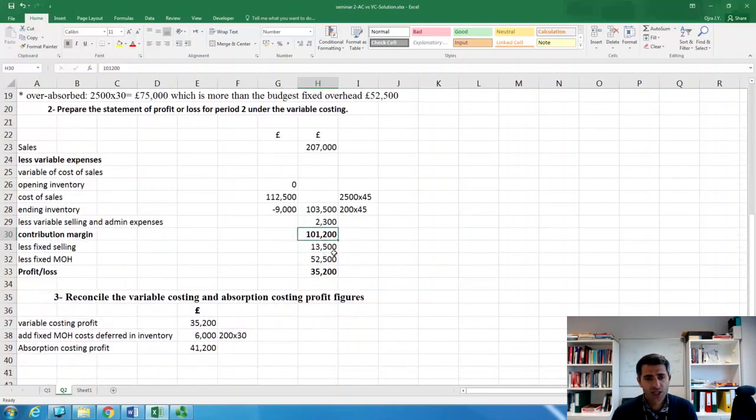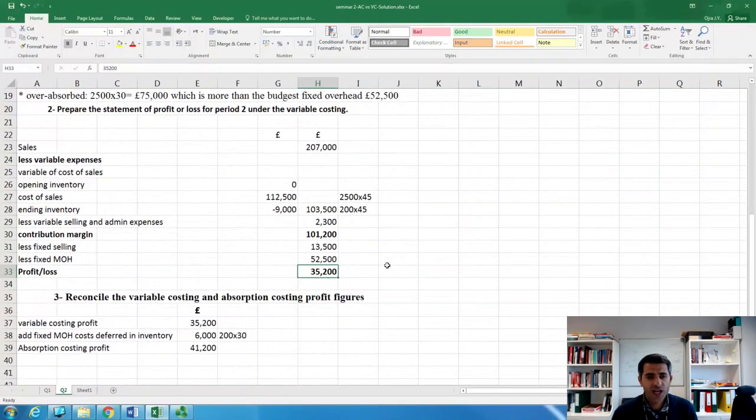Last, you need to deduct the fixed selling, which is 13,500, and you need to deduct the fixed manufacturing overhead, because these two are considered to be period costs under variable costing. So the total profit available would be 35,200 pound under marginal or variable costing.